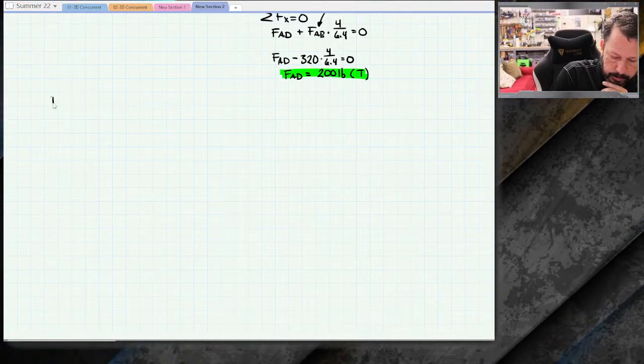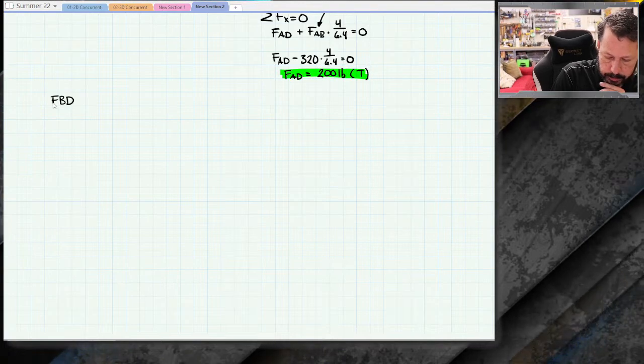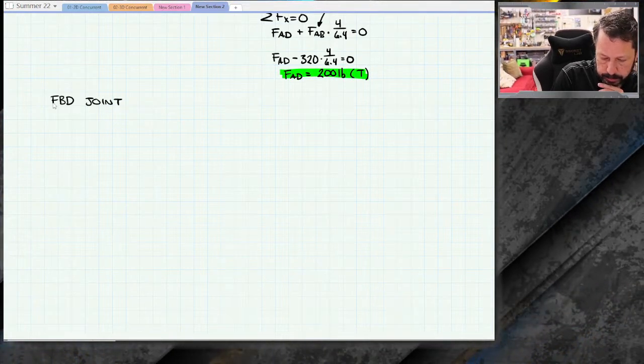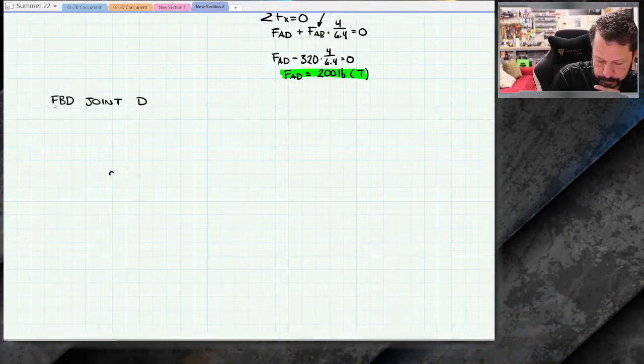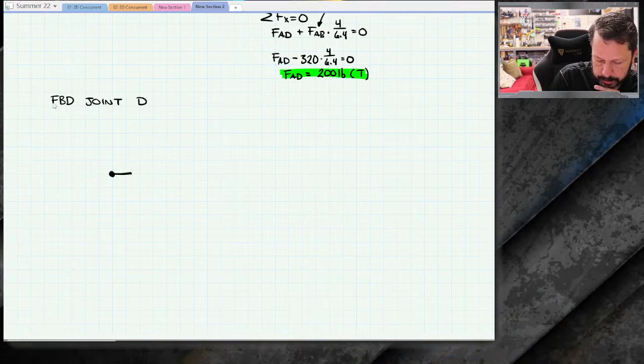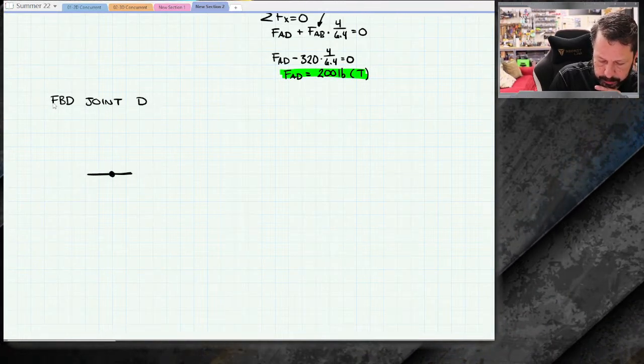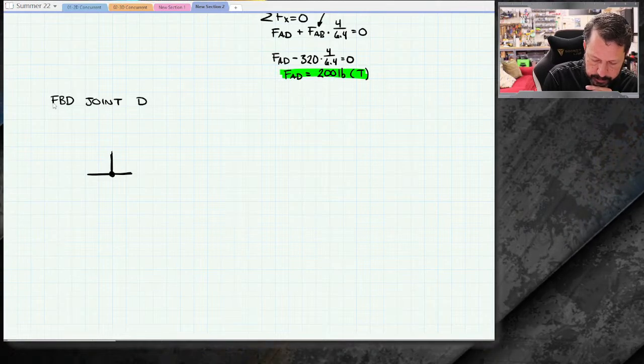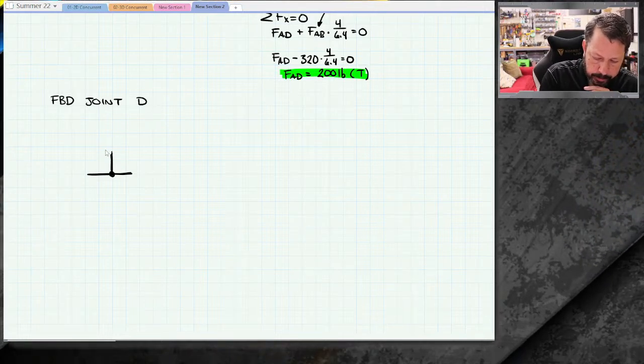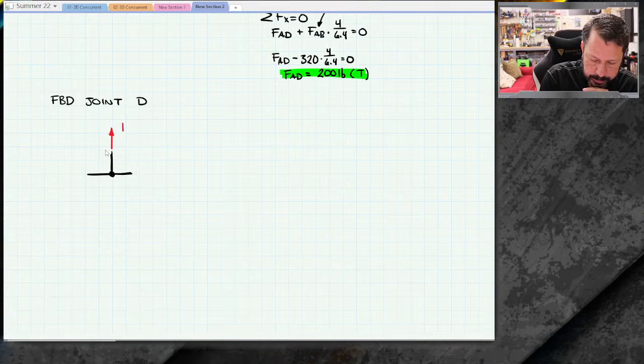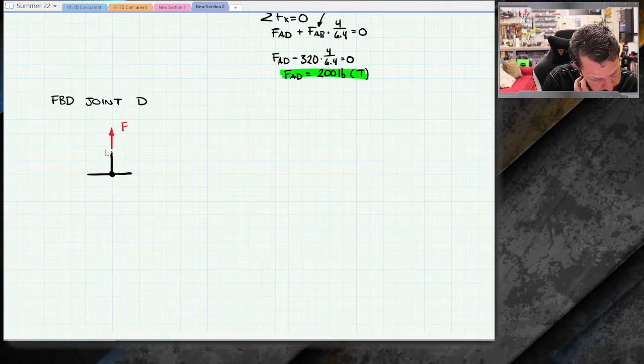So, free body diagram, joint D. So it's here. I've got a piece coming off here, piece coming off here, piece coming off here. I don't know this one, so I'm going to draw it as FBD.